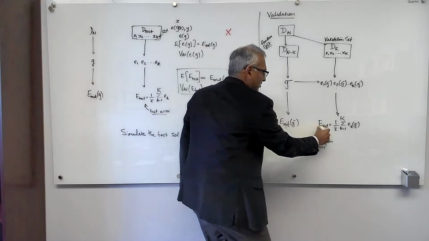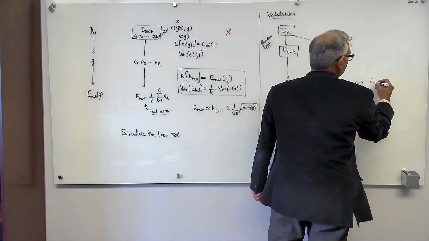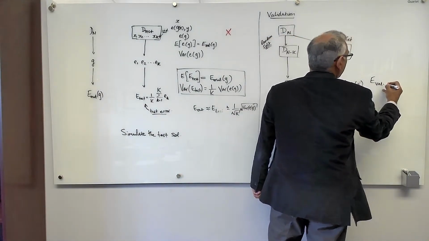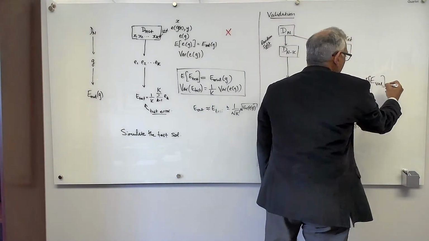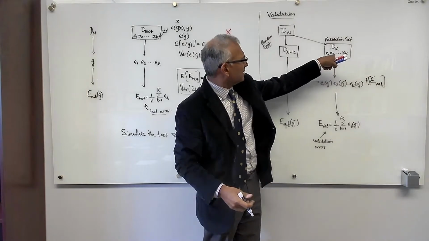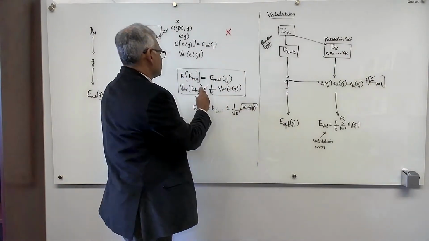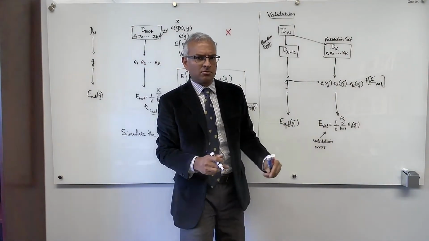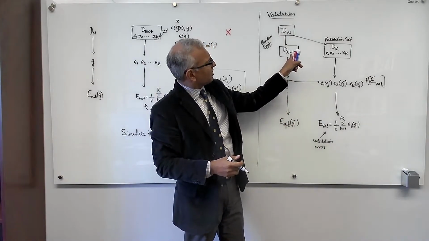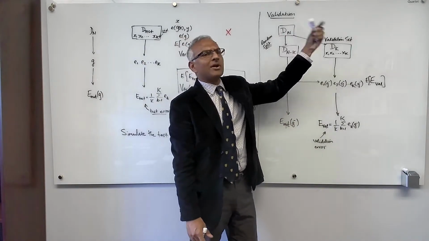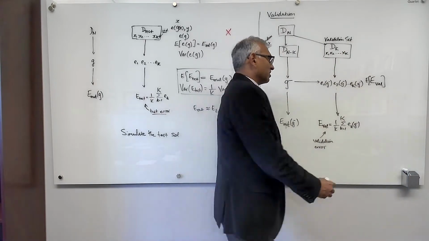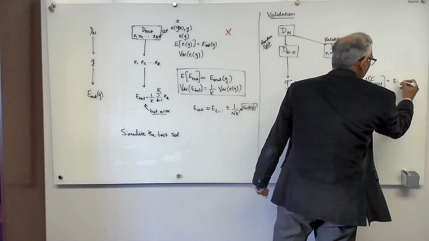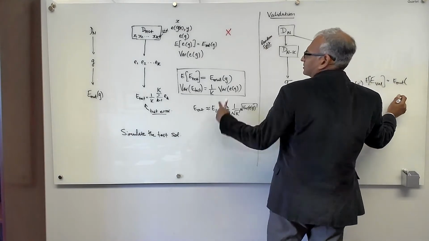So the expected value of the validation error, now expected value with respect to what? With respect to regenerating these test points. If you fixed the training set but randomly regenerated test points, the expected value of the validation error is actually E out of what? Of G?